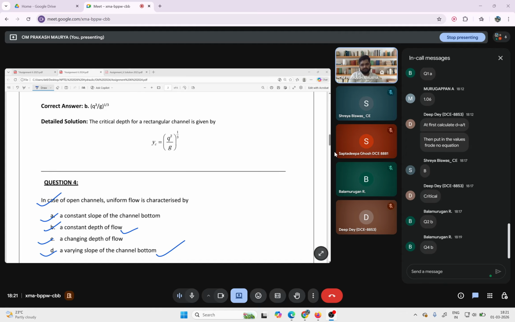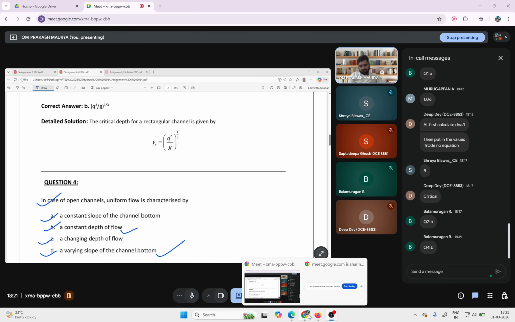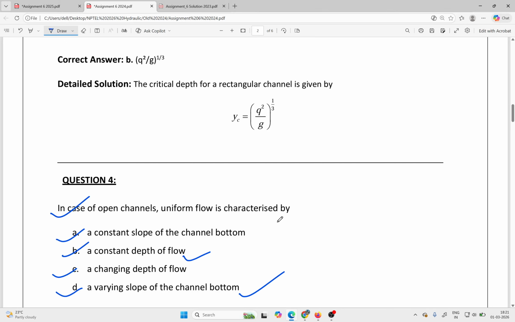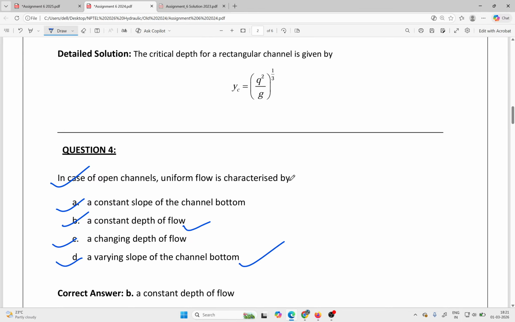Okay, so let me just explain. What is the question asking? In case of open channel, uniform flow is characterized by. As you know, the flow characteristics should be constant throughout the channel at every point, as we have explained earlier also in 2025.